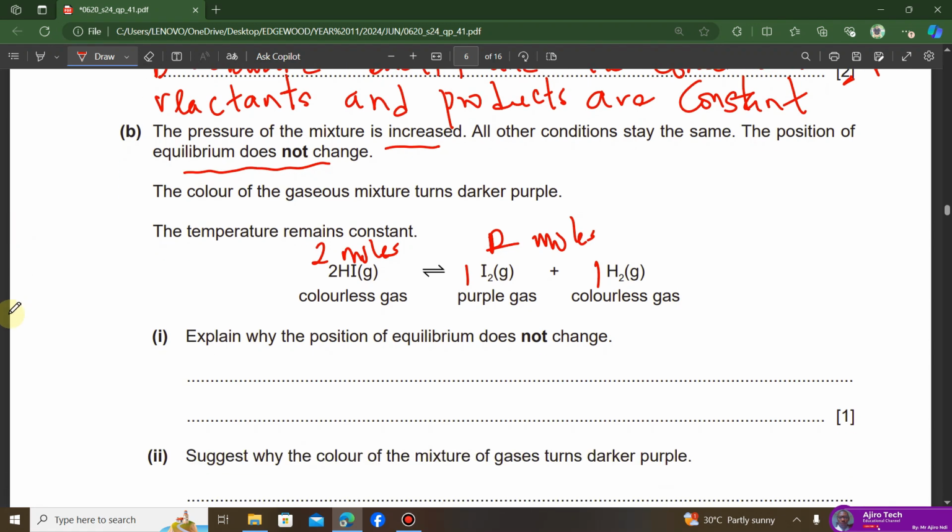So let's put that now. The question says, explain why the position of equilibrium does not change.